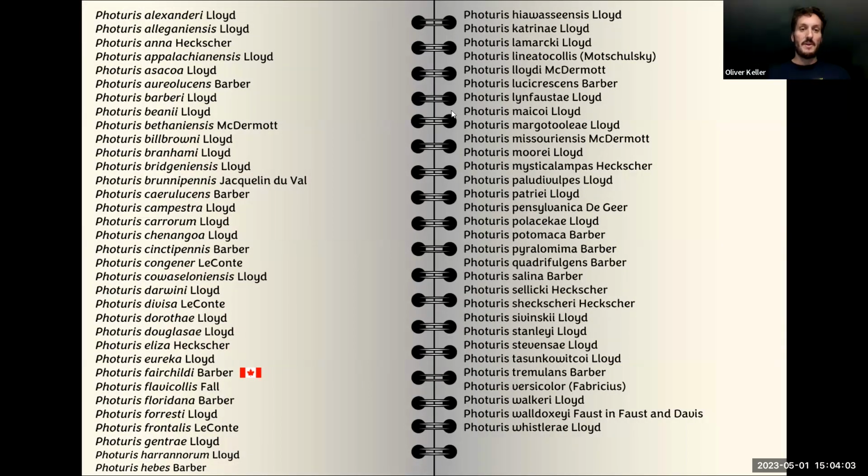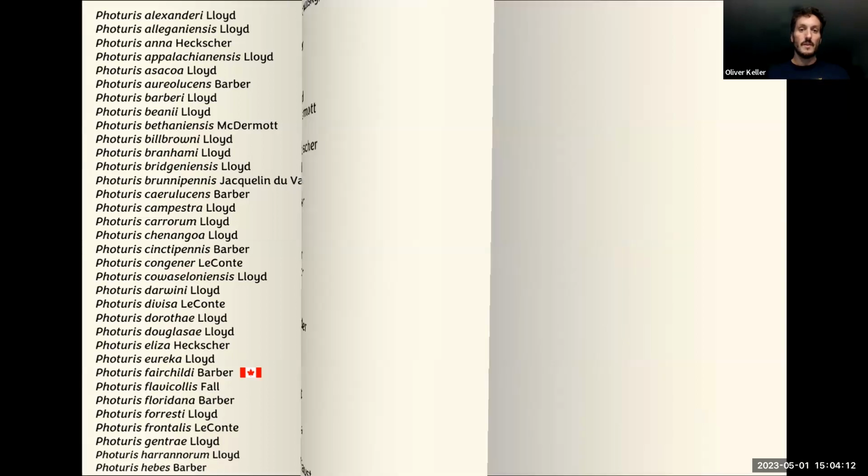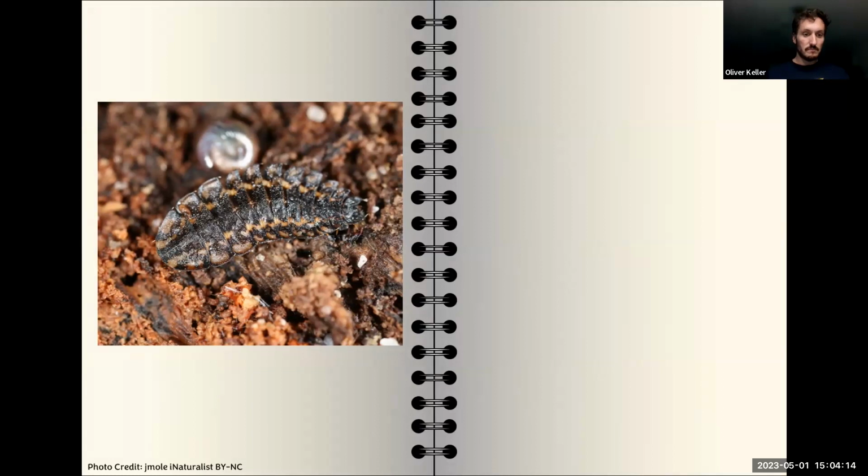Those two are probably the biggest researchers of this genus, and there's still a lot to figure out. And this is a typical larviform of Photuris, found in wet habitats and crawling around looking for food.